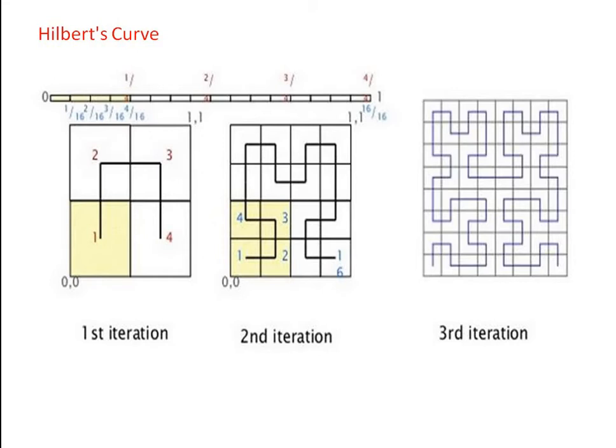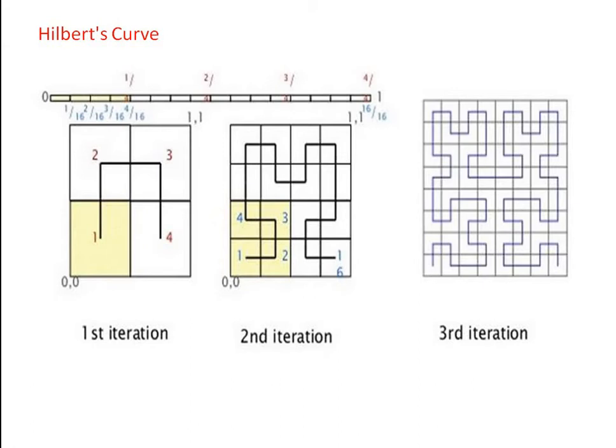The fourth is that there is no limit to subdivisions and therefore the length of the curve is infinite. So if we draw the fourth iteration, we again subdivide into four quadrants. There is no limit to subdivisions, and therefore the length of the curve is infinite.